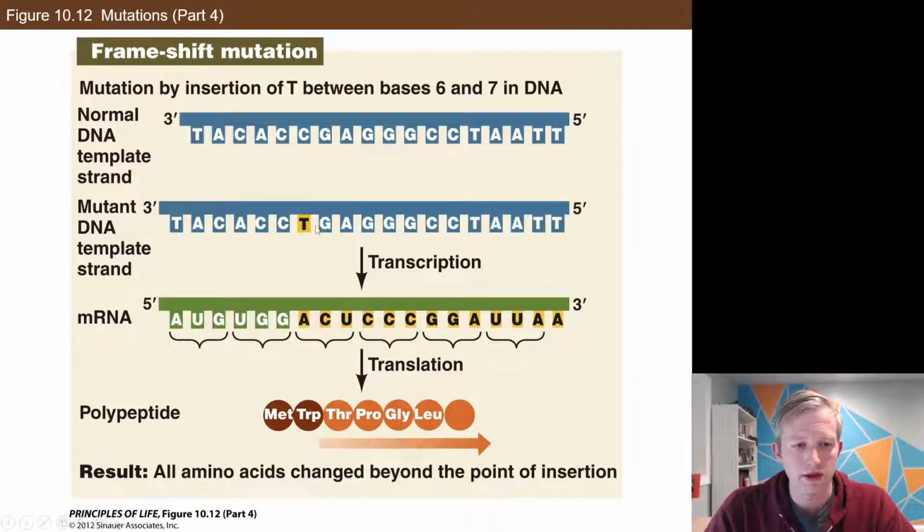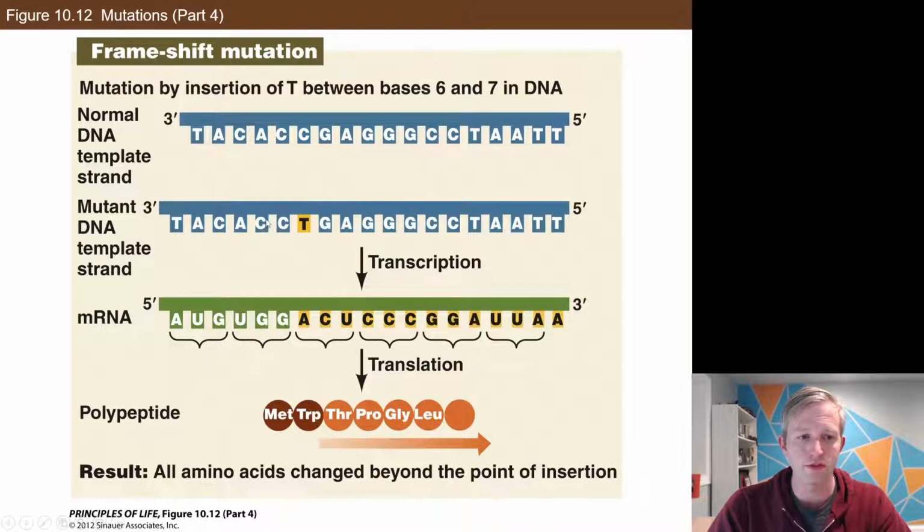And so in this case, the reason why this is such a big deal is because we do deal with everything in threes, except now we put in an extra letter. And during transcription and translation, there's no mechanism to say, oh, wait, that's an extra letter, don't count it. And so instead now we're looking at an entirely new series of triplets.